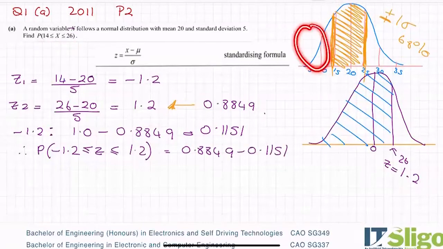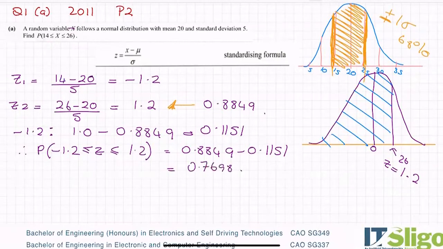I subtract this little bit in purple off the whole thing. So 0.8849 minus that, and I'm getting 0.7698, or 76.98% chance of being between 14 and 26.